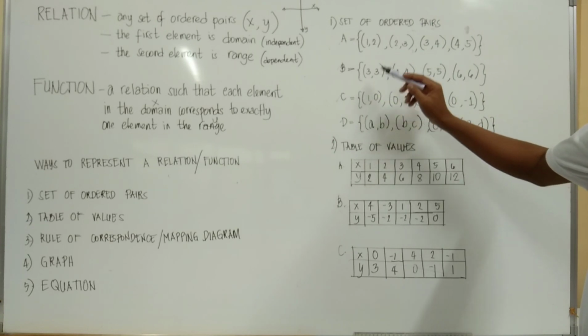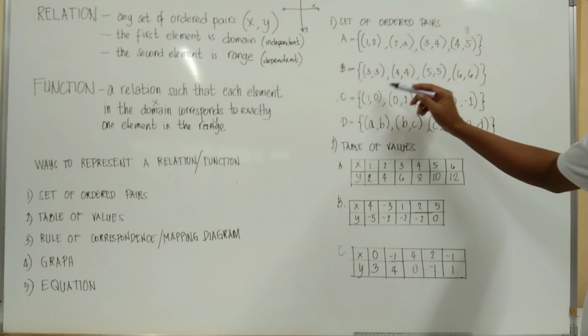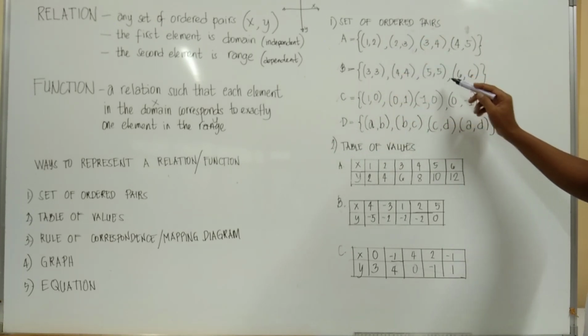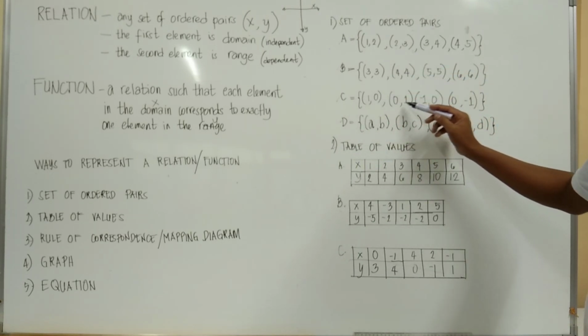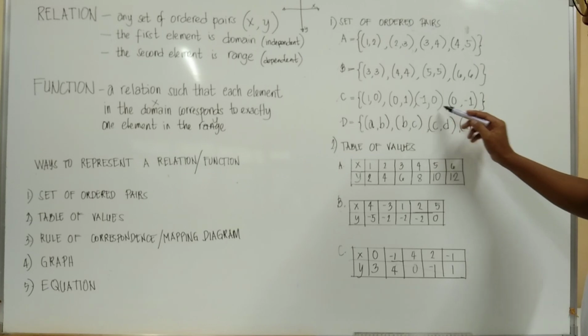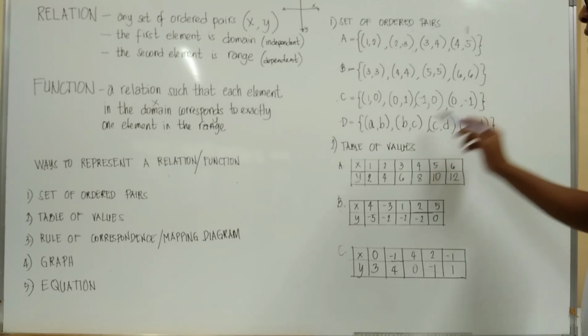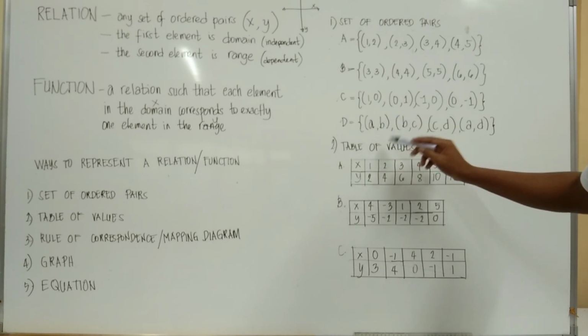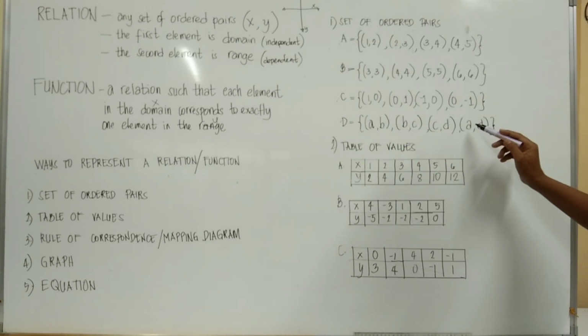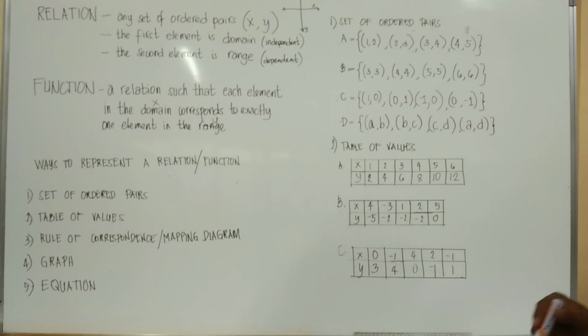B contains 3 and 3, 4 and 4, 5 and 5, 6 and 6. C contains 1 and 0, 0 and 1, negative 1 and 0, 0 and negative 1. And set D contains AB, BC, CD, and AD.